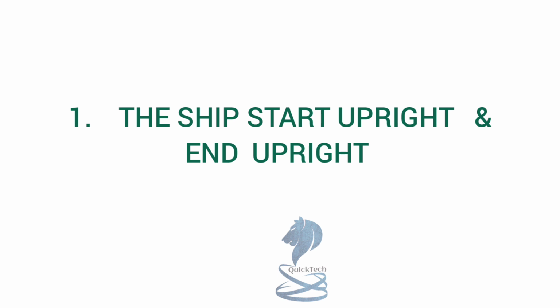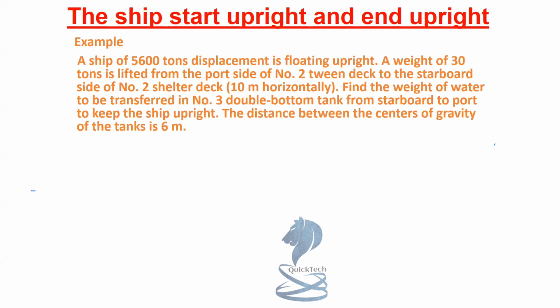So let's discuss case number 1, when the ship starts upright and ends upright, with an example. A ship of 5600 tons displacement is floating upright. A weight of 30 tons is lifted from the port side of number 2 tween deck to the starboard side of number 2 shelter deck, 10 meters horizontally.